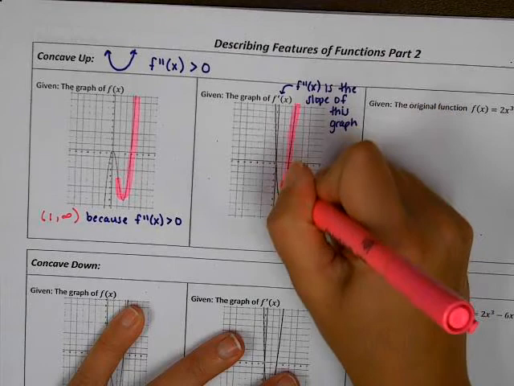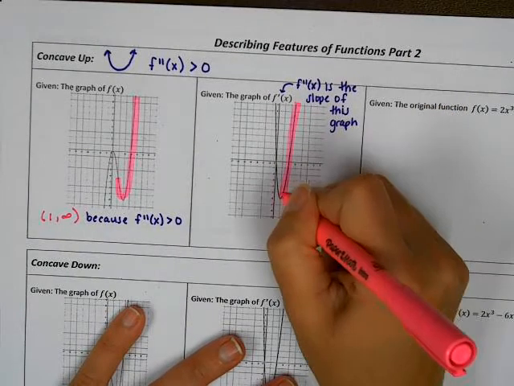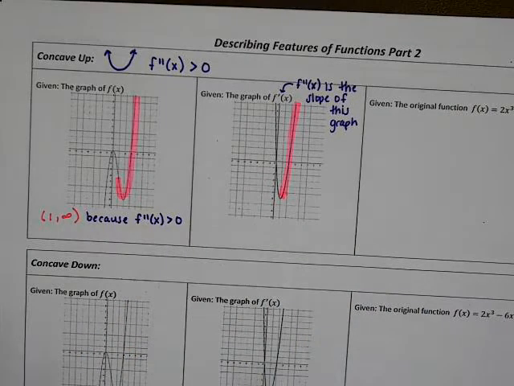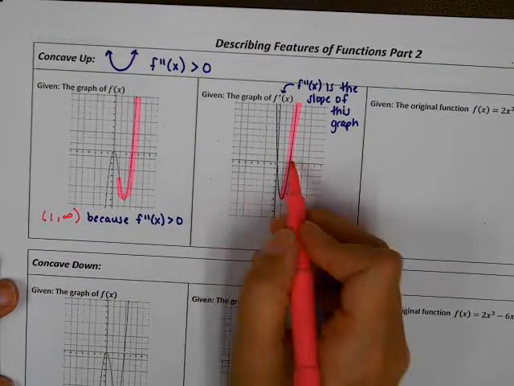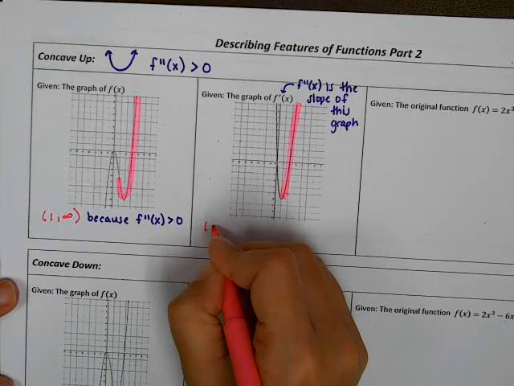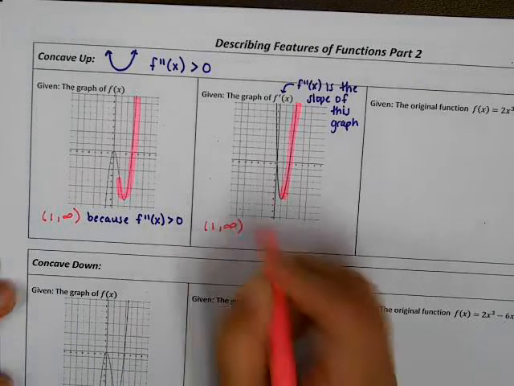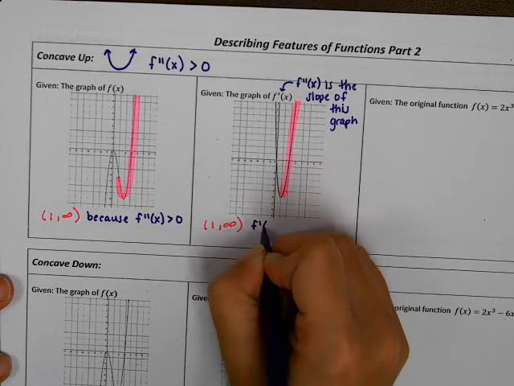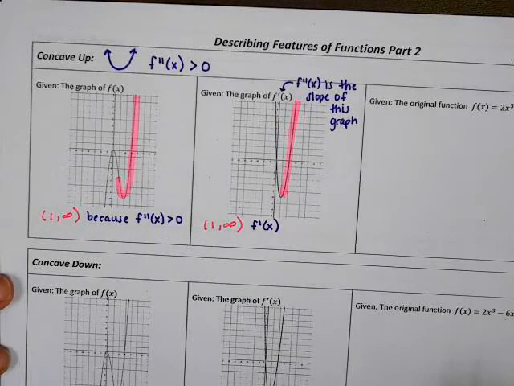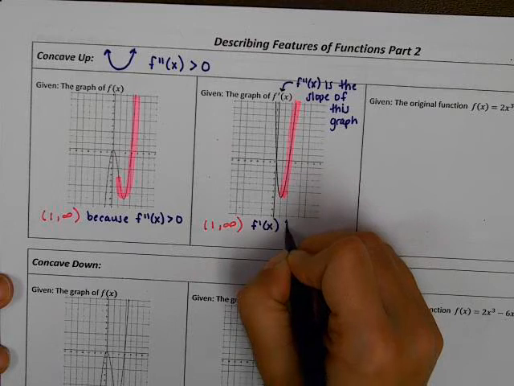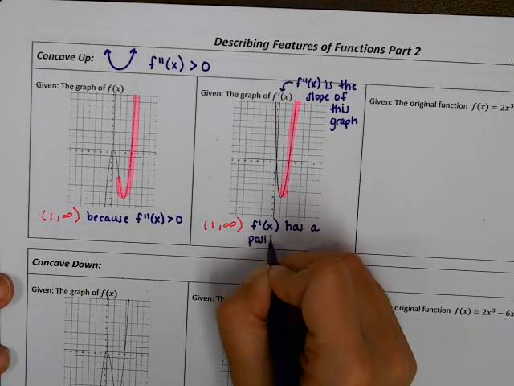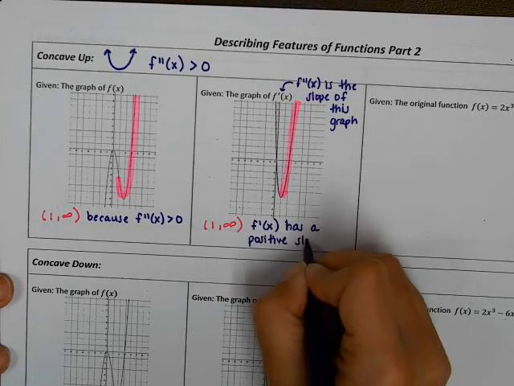So unlike before where we were focused on are we above or below the x-axis, now we're looking at the slope. Since this slope is going uphill, we would say that the original graph was concave up from 1 to infinity because f prime of x, the graph that I have, has a positive slope.